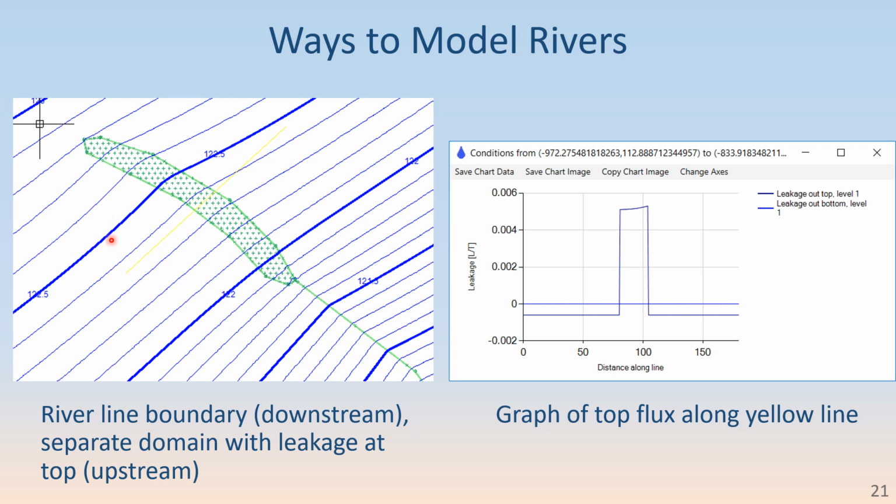Here's a model that uses the last two ways in the previous slide for representing a river. The upstream end is this hot dog shaped area outlined in green, and it's a separate domain, and it has a width.